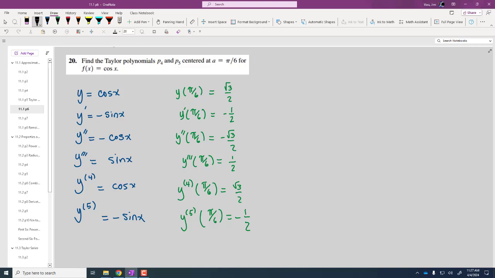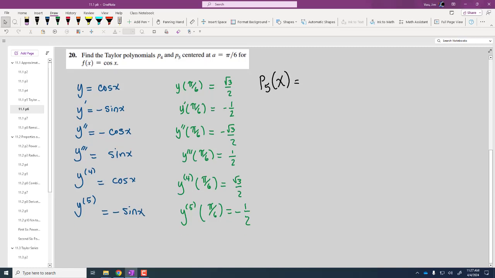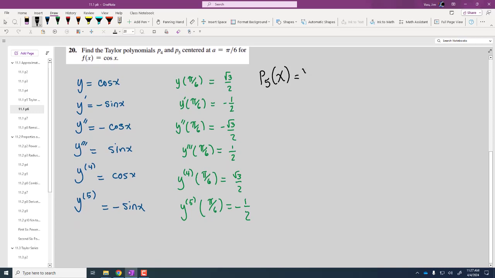All right, so to build P sub 5, we're going to start with the tangent line. So we start with value, plus slope, multiplied by shifted x.